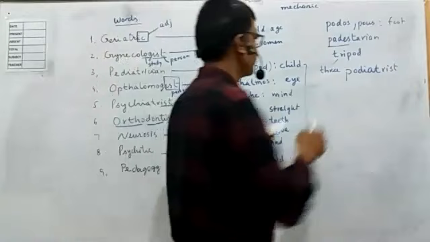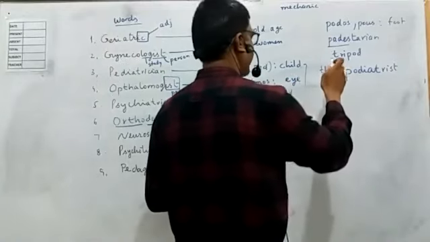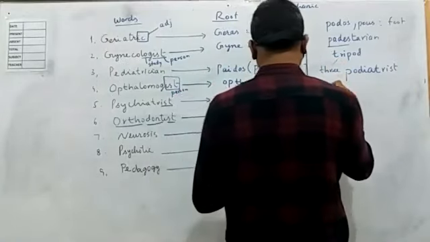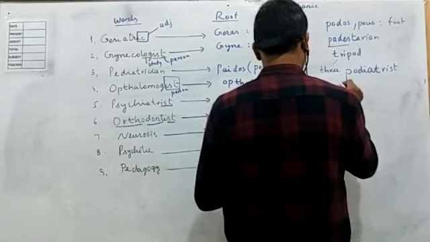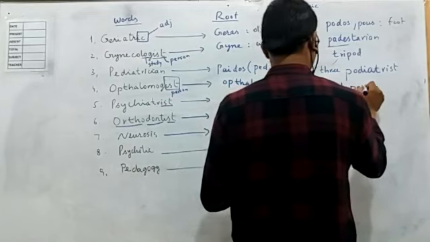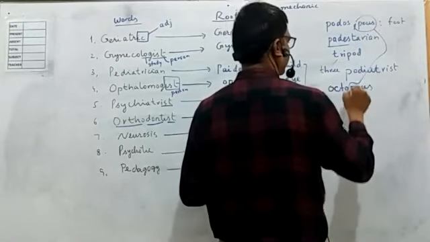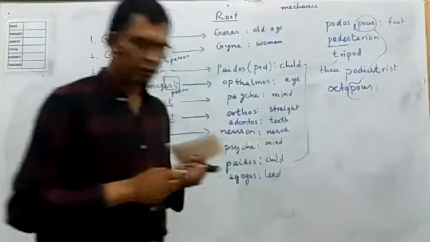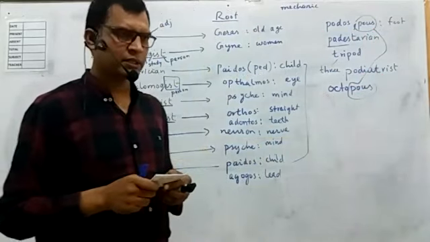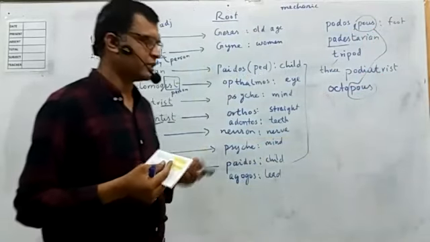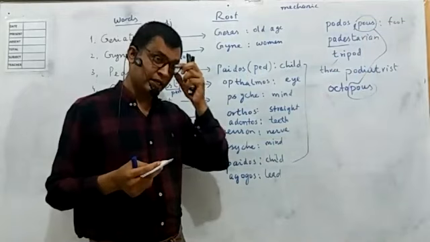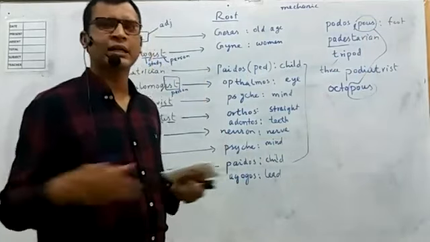If you are thinking of tri, we have also a word which is octopus. Pous is here. Octopus. So an octopus is an animal, a sea creature that has 8 tentacles.